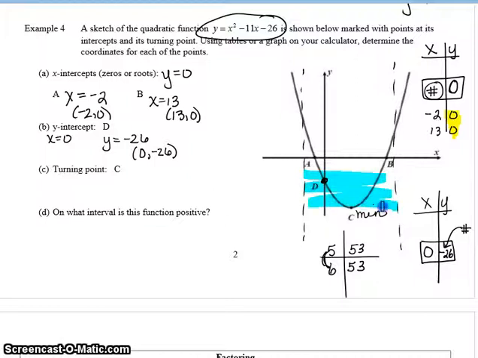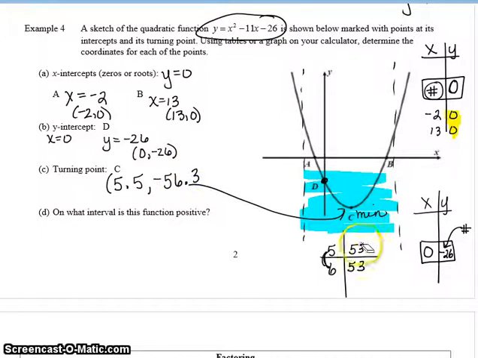As soon as you pick your left bound and your right bound and hit enter, all of a sudden a point appears. And it tells you that that point, I can actually draw it up here, is at 5.5 and then -56.3. Oops, they were 56s, not 53s.